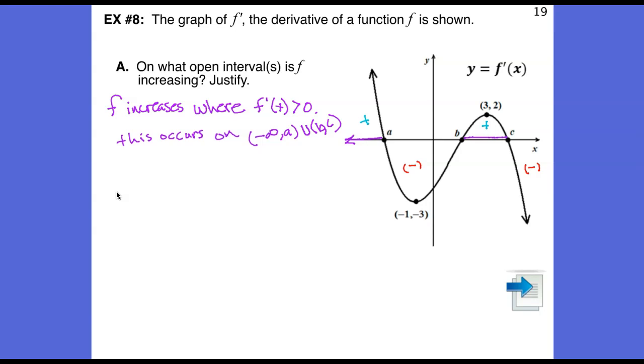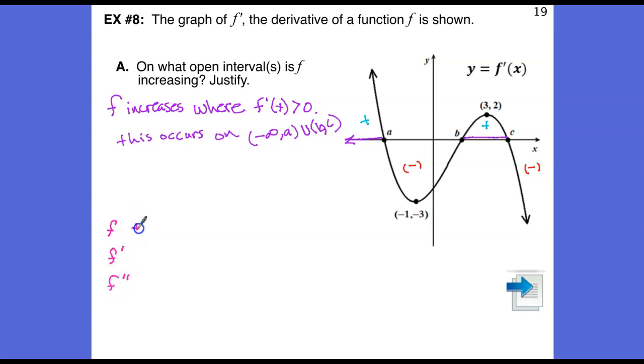But the first thing that I want to do is to reacquaint myself with the relationships between f, f prime, and f double prime. So what I'm going to do is go off to the side and write f, f prime, and f double prime.